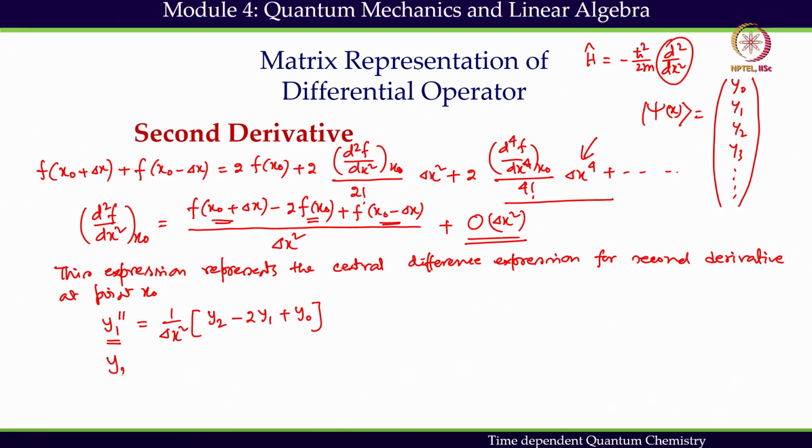Similarly, the derivative at the y2 point is going to be 1 by delta x square, then the function value one step forward, which is y3, minus 2 times the function value at that point y2, plus the function value one step backward, which is y1. This is the way we can go ahead. Finally, I can have y n minus 2.